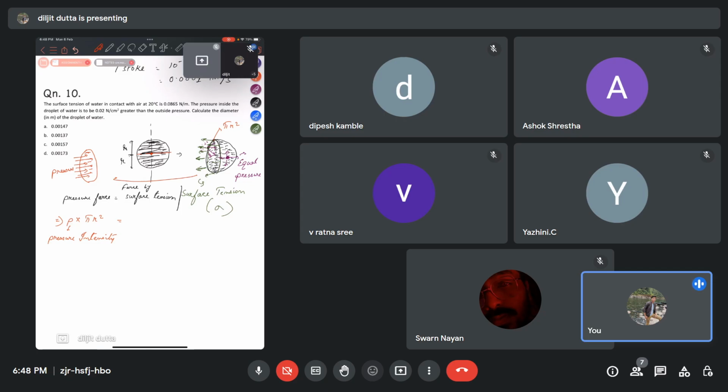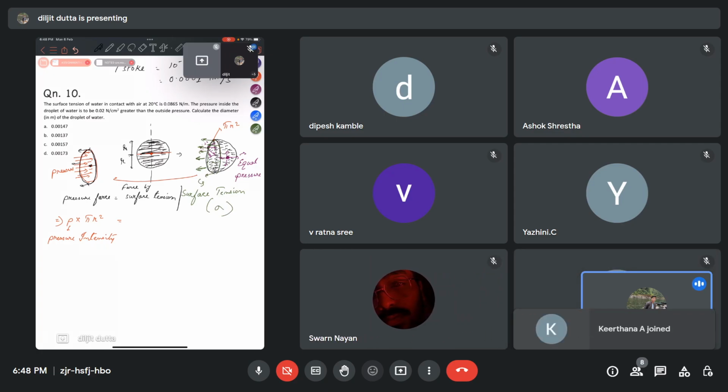The surface tension is acting only on this surface. Remember, this is very important: only on the outer boundary of the cross section. The surface tension will be acting in the opposite direction of pressure, and it will act only on the circumference of the droplet. If the radius is r, the circumference is 2 pi r.